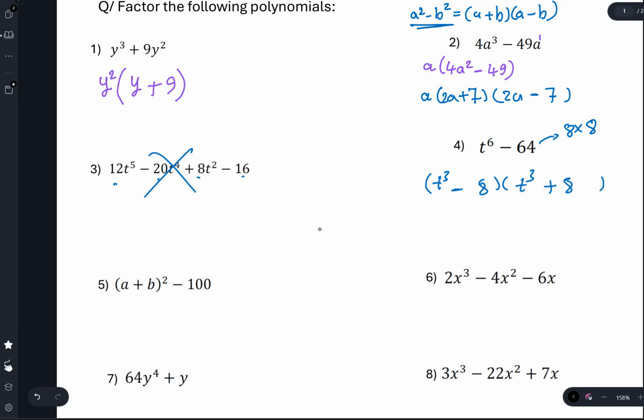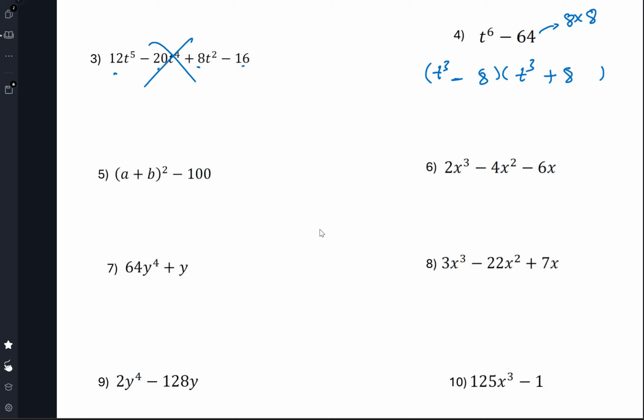Next question, students, again is a difference between squares. You know why? Same rule, a square minus b square. Because the first one, this bracket, is a square, and 100 is also a square, 10 times 10. So we can say two brackets again, one positive, one negative. 100 can be 10.